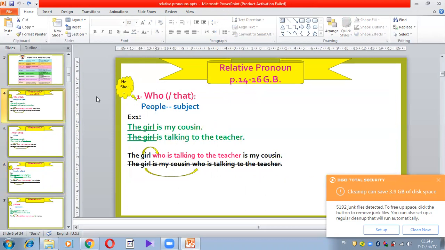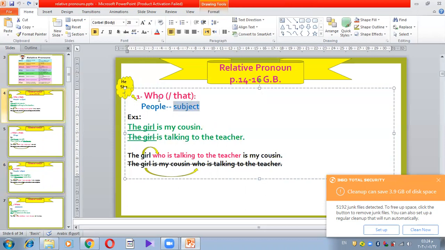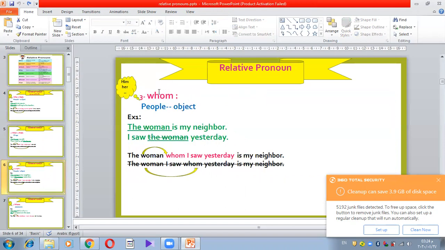If it's in the subject position, you are gonna use who. That's the difference between them. So whom is used for people in the object position. And as I told you, of course, you can say him or her instead of he and she. So let's see. The woman is my neighbor. So the woman here in the first sentence is in the subject position.